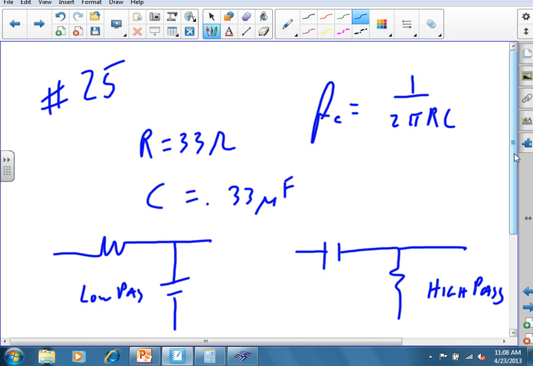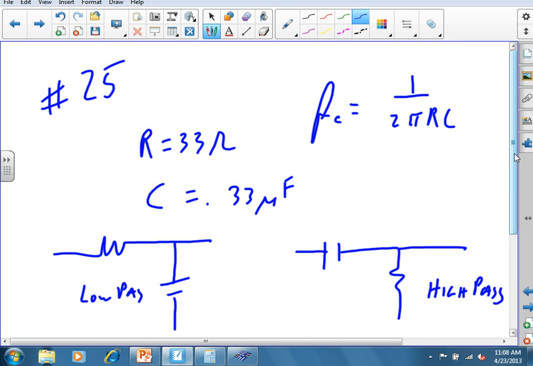Okay. So if I go 1 divided by 2 times pi times 33 times 0.33 E minus 6, I will get the wrong answer, right?